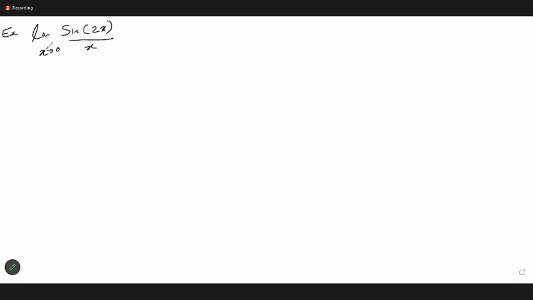We only know the limit of sin x over x. Let's write it here: limit of sin x over x, as x approaches 0, still goes to 1.